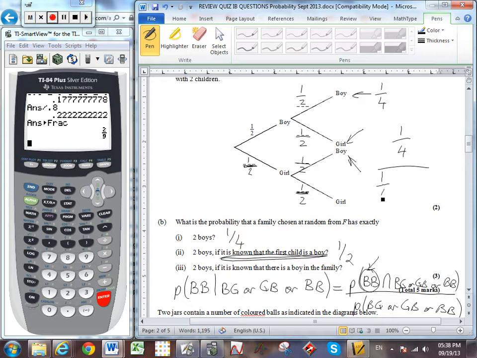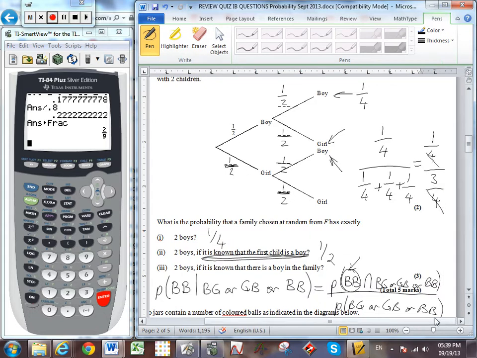Turns out that all 3 of these probabilities are 1/4, giving you a total of 3/4 on the bottom. And the 4's will cancel out, leaving you with a final probability of 1/3 for part triple I. Okay, so the probability of both of them happening divided by the probability of only the given event.